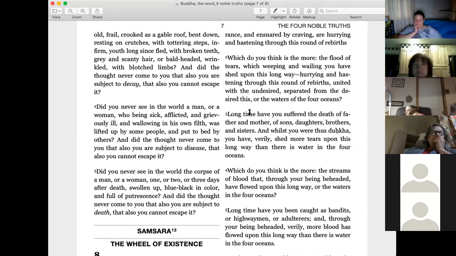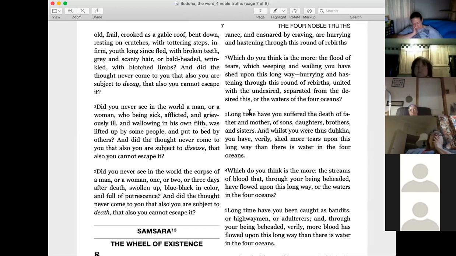And he says, what do you think is more? The flood of tears which, weeping and wailing, you have shed upon this long way, hurrying and hastening through this round of rebirths, united with the undesired, separated from the desired, or the waters of the four oceans?